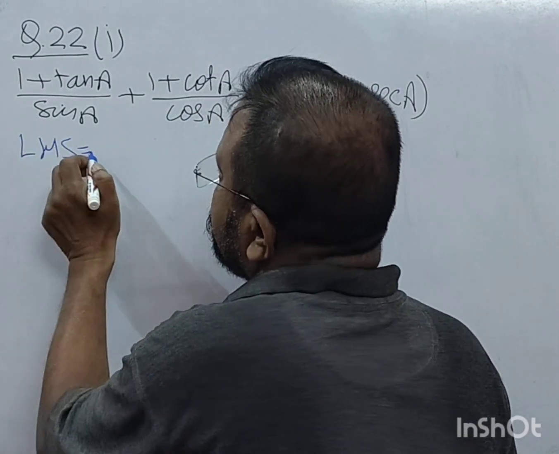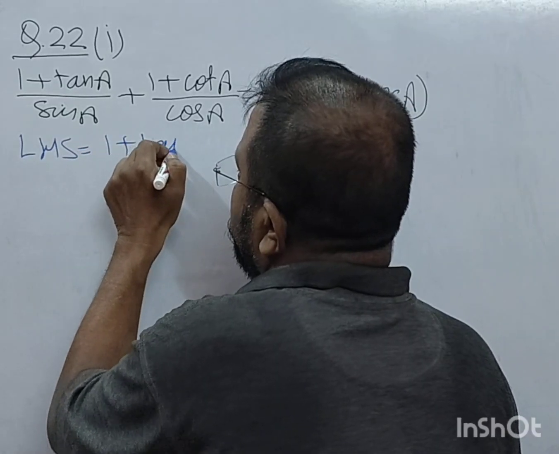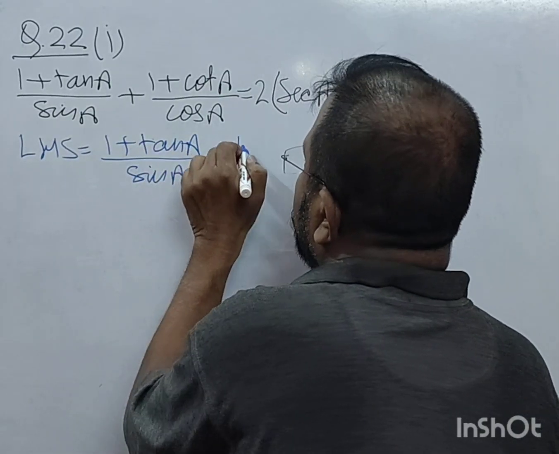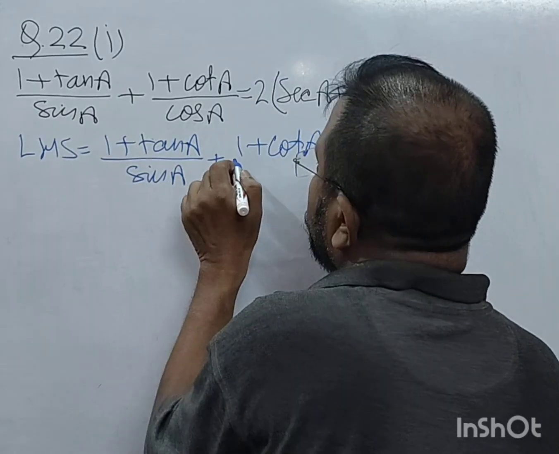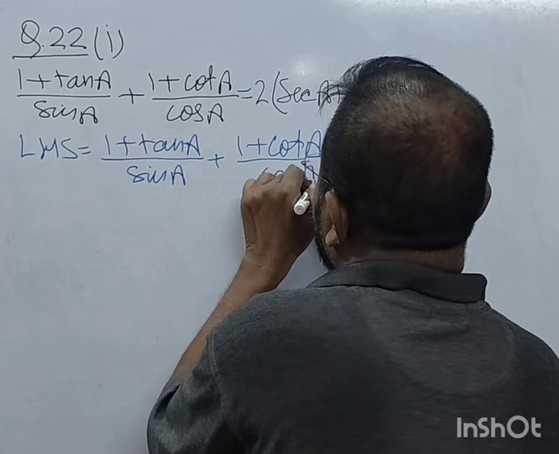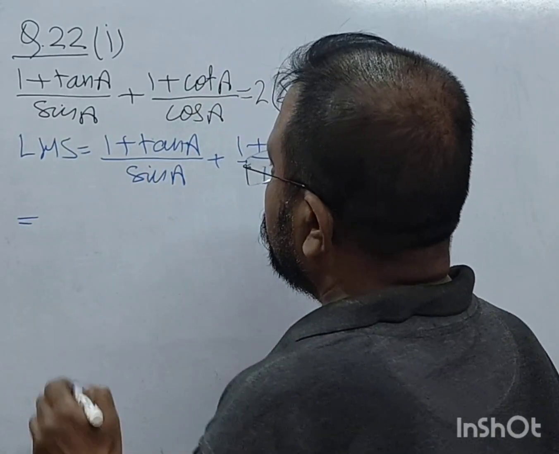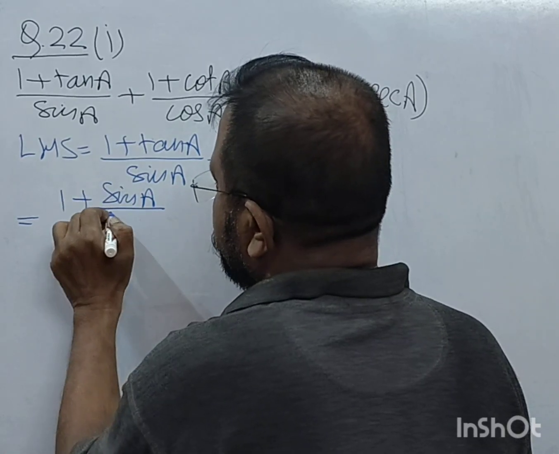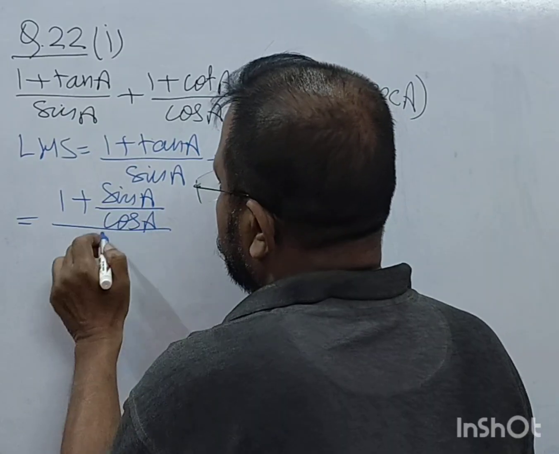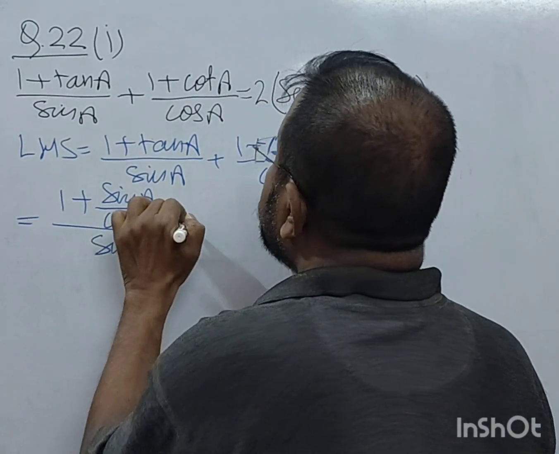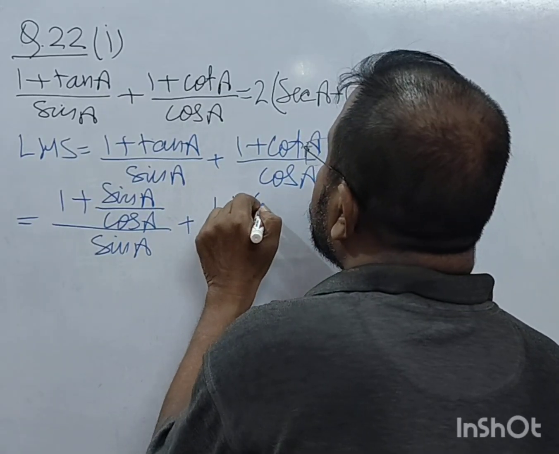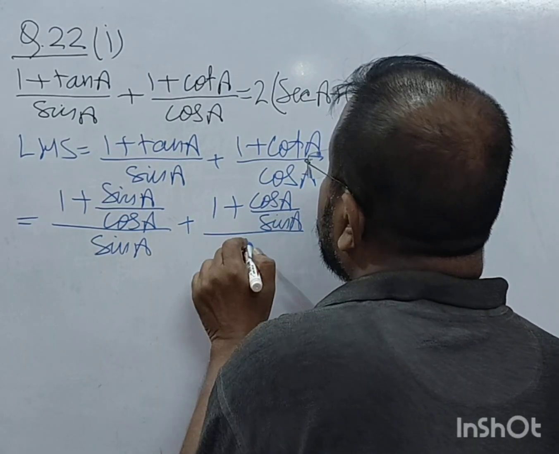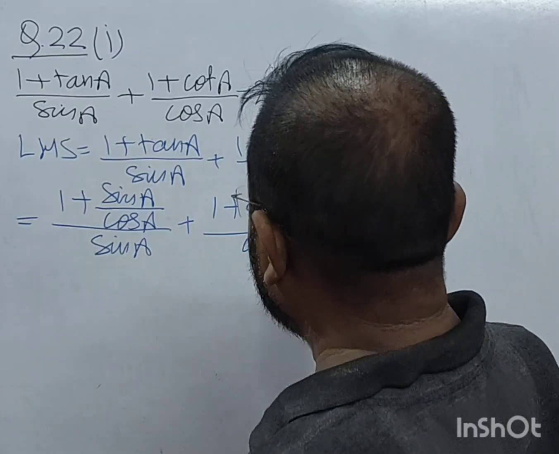Now you have LHS, that is 1 plus tan A upon sin A plus 1 plus cot A upon cos A. So what we do, 1 plus sin A upon cos A, upon sin A, plus 1 plus cos A upon sin A, upon cos A, right?